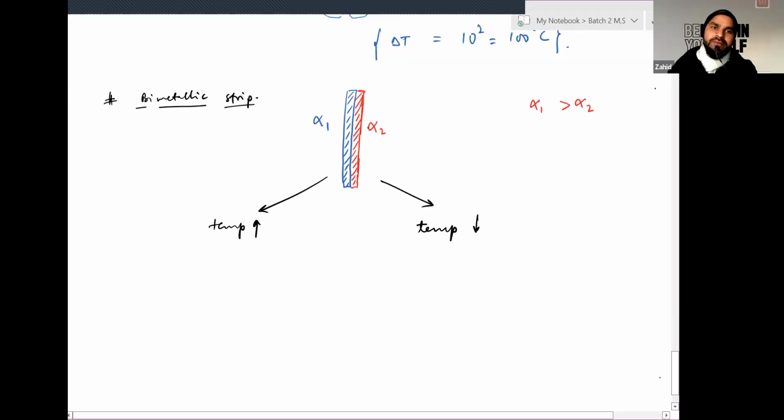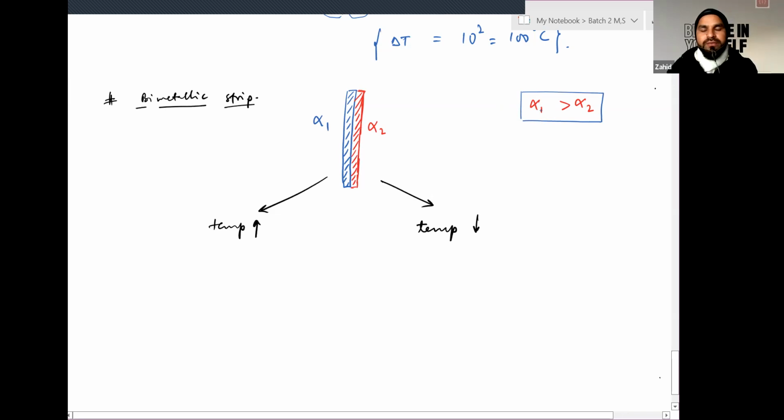Okay, so will the shape of this combination remain linear or will it get bent? Linear. Just see this relation. We have alpha 1 greater than alpha 2.